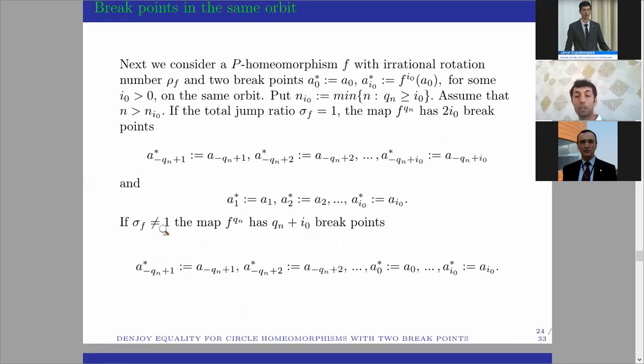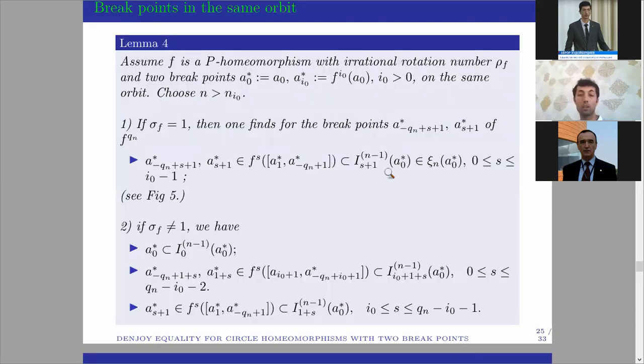And if the total jump is not 1, then F to the Qn has Qn plus I0 breakpoints, which are the following. And here are the locations of the breakpoints in the case when the breakpoints are in the same orbit.